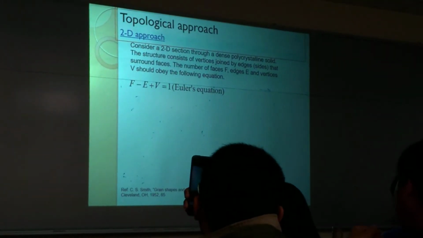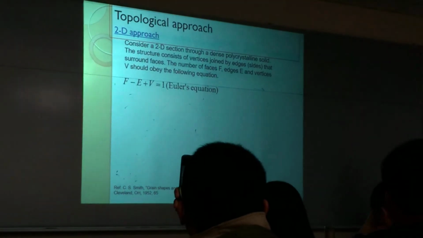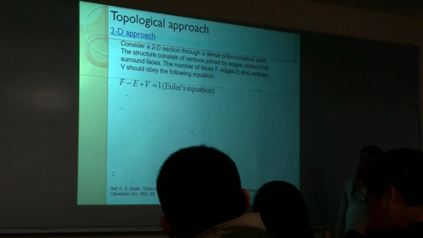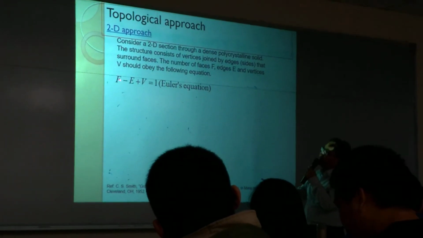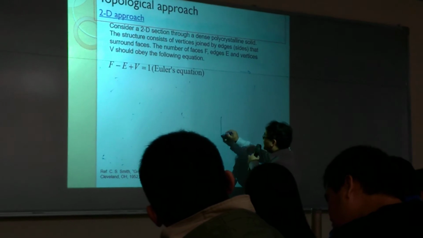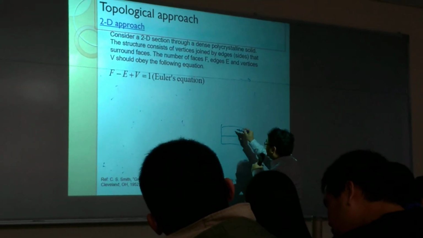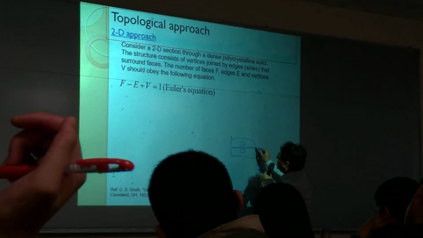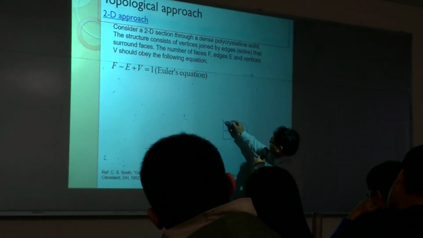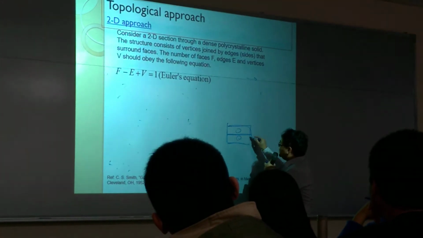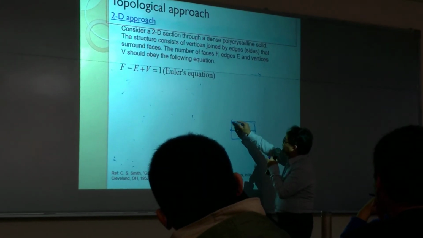The topological approach is also very important. You need to explain this. F is face, E is edge, V is vertex.